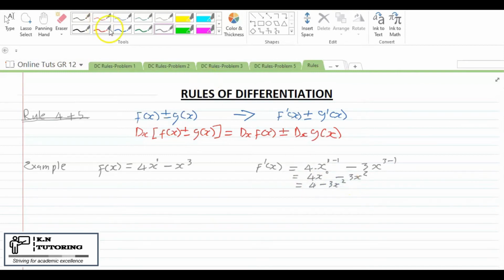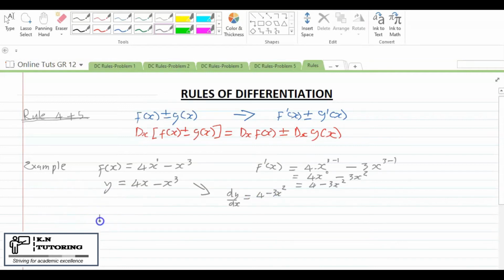If it was a different notation, if I was giving it as y equals 4x minus x cubed, it's going to be the same thing. The derivative is going to be dy/dx, which equals, you will do all of these steps until you get to an answer of 4 minus 3x squared.